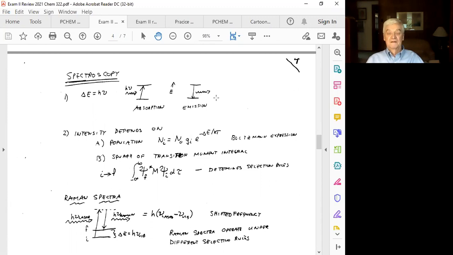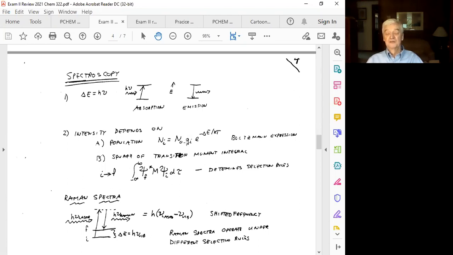We also talked about intensity, and intensity depends on two things: population, and population is given by this formula. So number of molecules in some upper state I as compared to the lower state N0 is equal to a degeneracy term times an exponential term. The G sub I most of the time doesn't matter, but as we saw for molecular rotations, for diatomic molecules, it matters a lot.